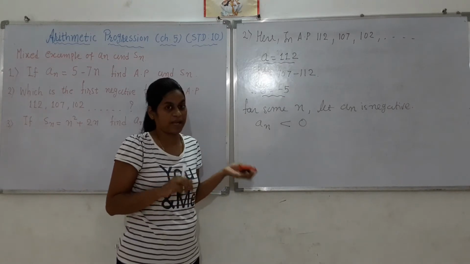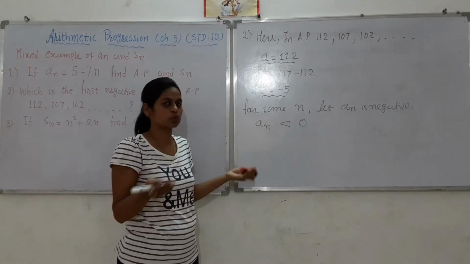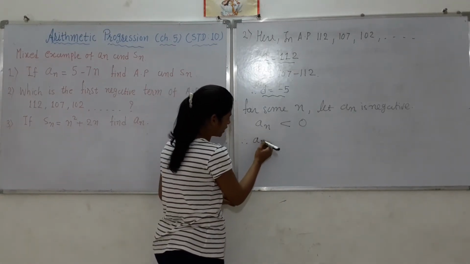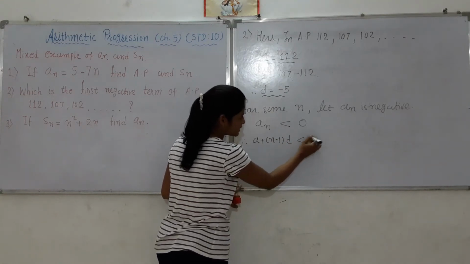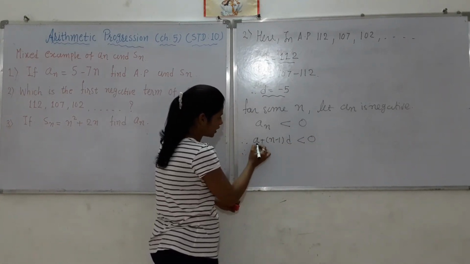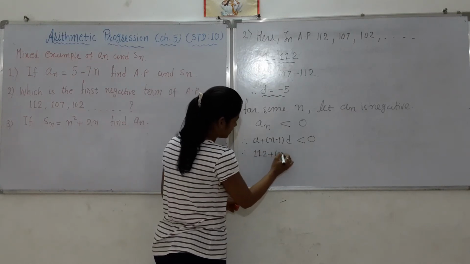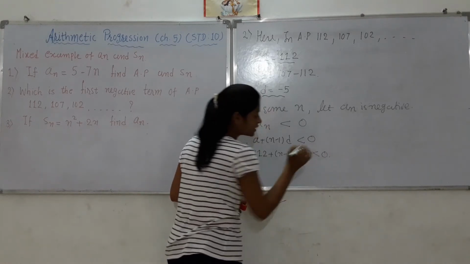For some n, exactly you don't know the value of n, so that's why I am supposed to take some variable n. Now put its formula. An formula is a plus n minus 1 into d, which is less than 0. So a is 112, n minus 1, d is minus 5, which is less than 0.